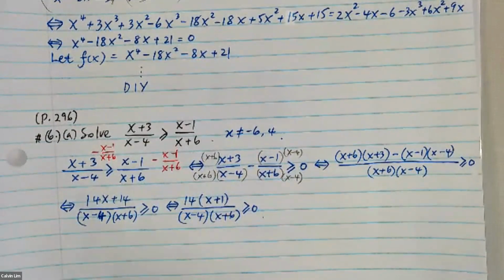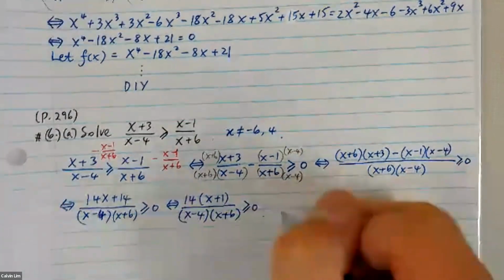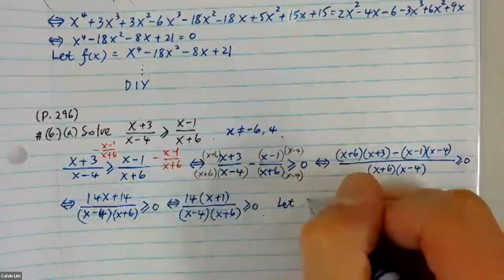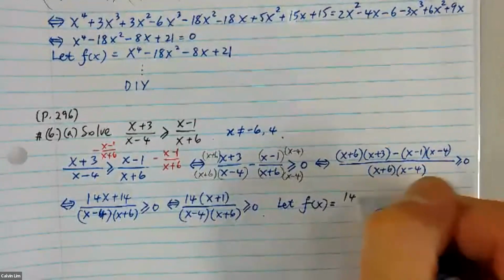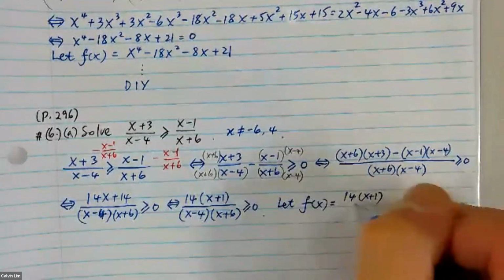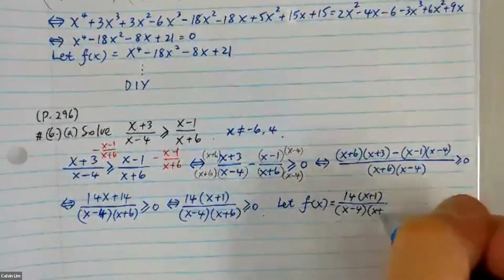To do that, it's always easy to write the non-zero side in function notation. So let f of x be (14x + 14)/((x - 4)(x + 6)).